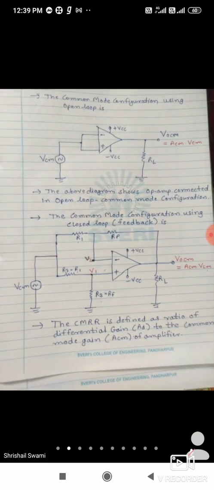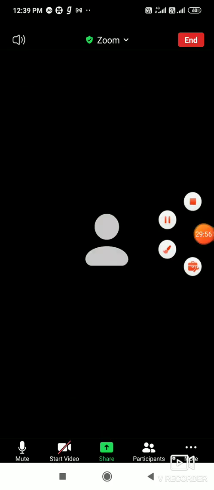So CMRR is equal to AD divided by ACM. This expression we can give as equation number 1.